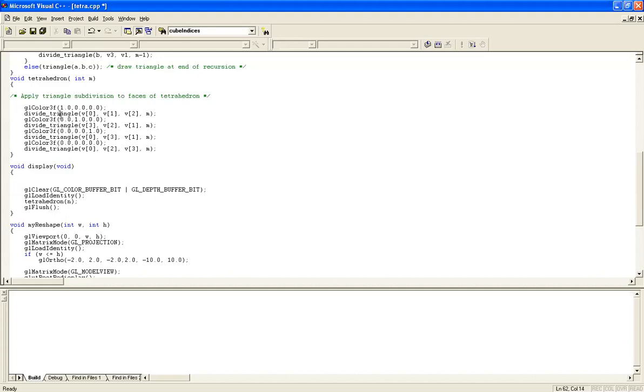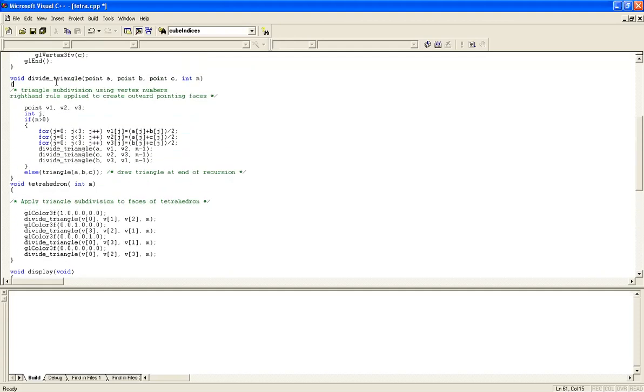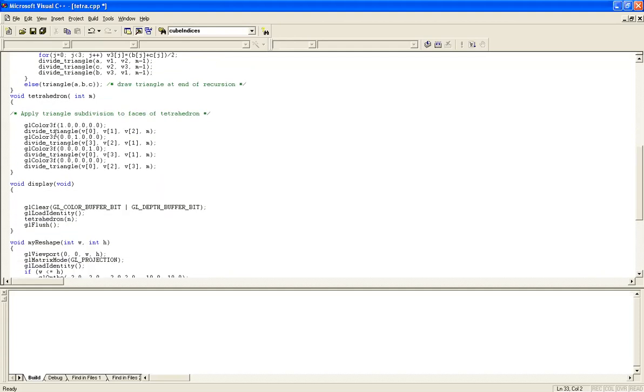So 4 times I am calling the function divide_triangle. But before going to divide_triangle, I am going to change the color of every vertex. Why? Because if I give the same color, I cannot recognize the divided tetrahedron.